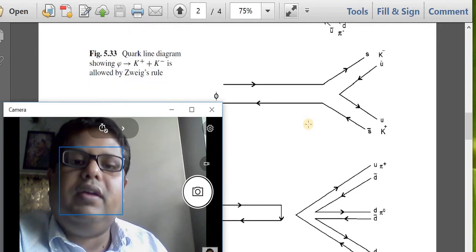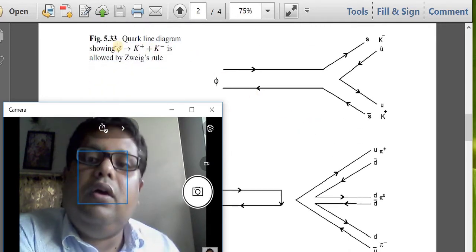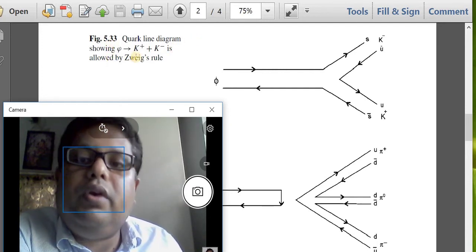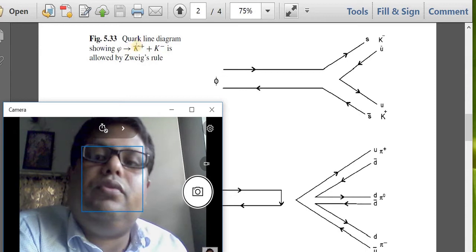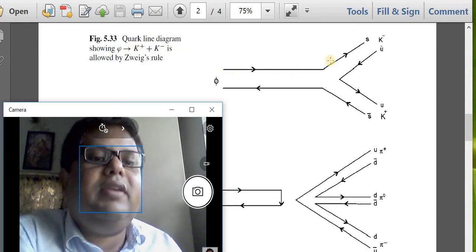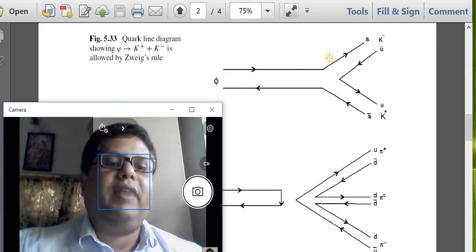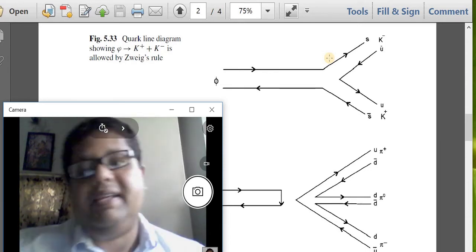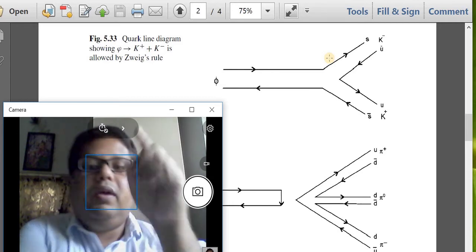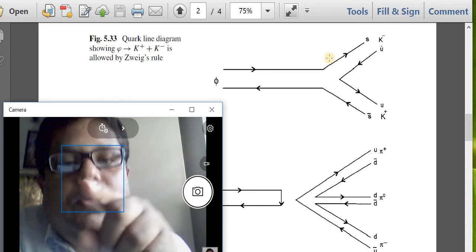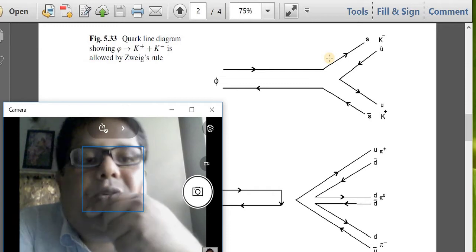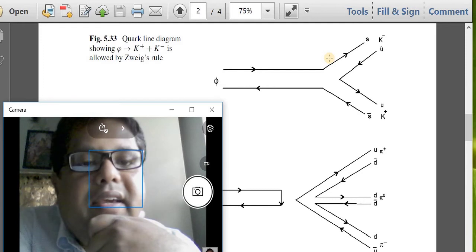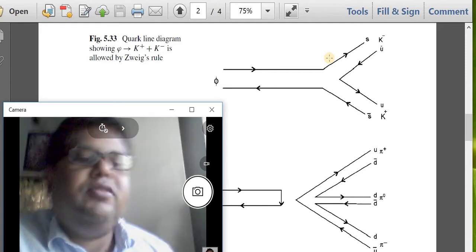The next figure is figure 5.33, which is the quark line diagram showing phi to k plus and k minus. Again the same old story: phi has the constituents S and anti-S quark. It is shown by the S quark as a horizontal left to right line, and the anti-S as a horizontal right to left line.